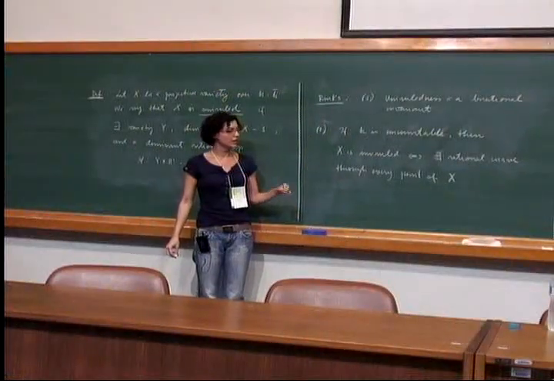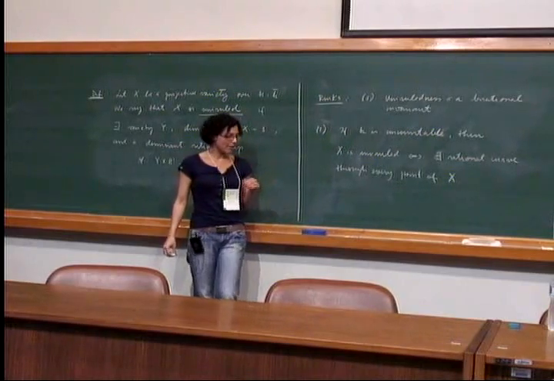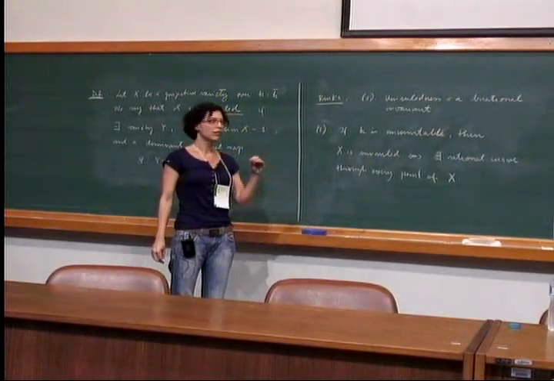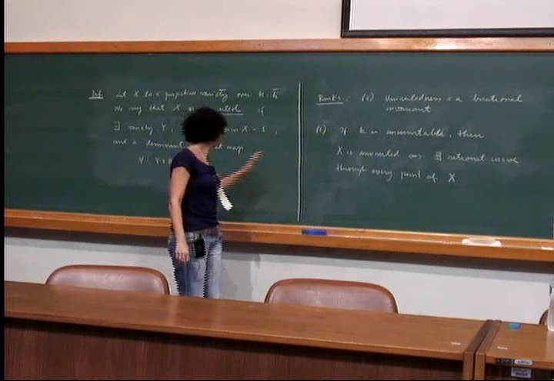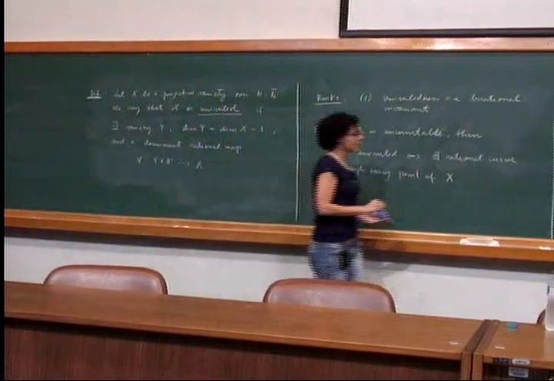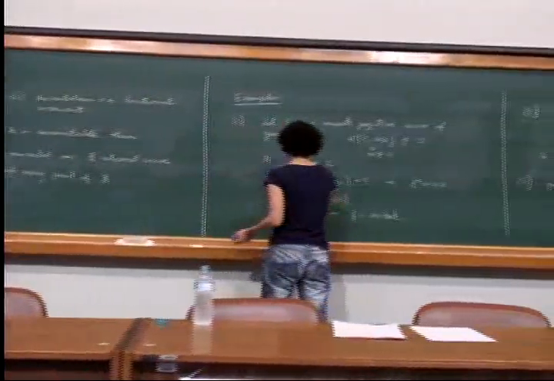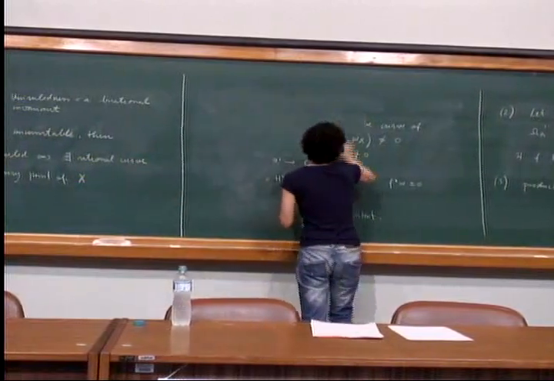So the point here is that if the field K is uncountable, then it could happen that for every point you have a rational curve passing through it, but you cannot find a family of curves. As far as I know, there's no such example, but in principle there could be.